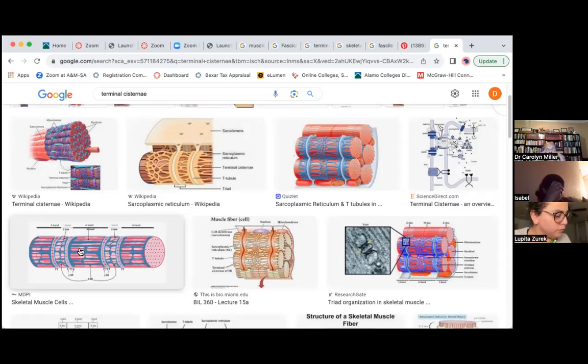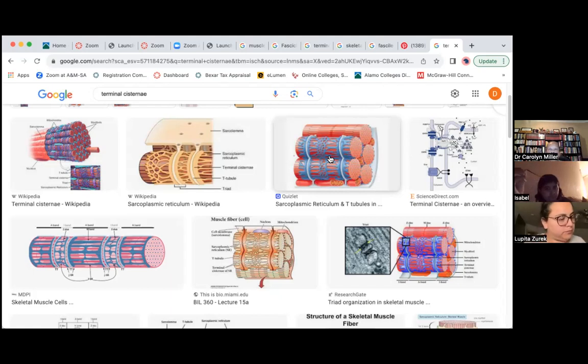So if there's a question that says, which of the following is true regarding this muscle, and you've got this picture or this picture. Remember, some of your exams will have things that are not germane or pertinent to the answer. So it may be this picture, but there'll be a scenario that says that muscle is in a state of contraction. Which of the following is or is not true?